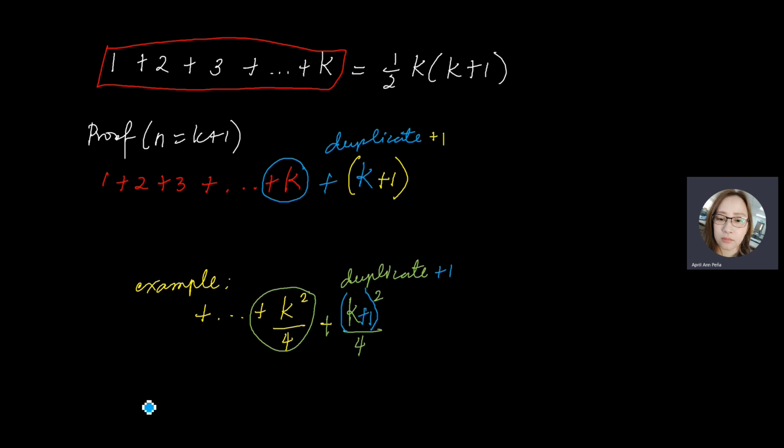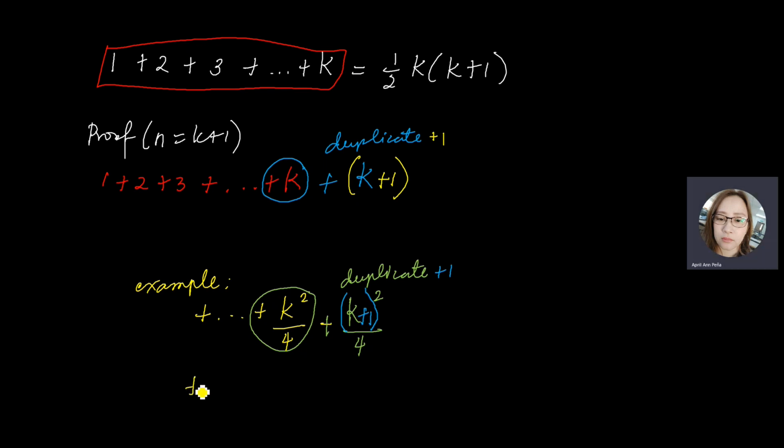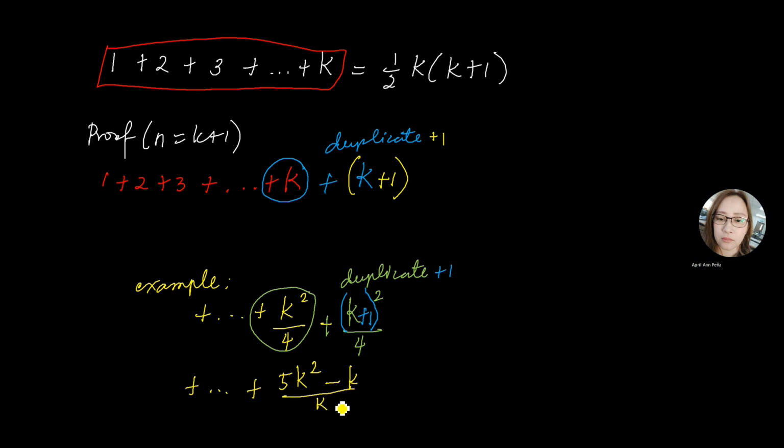So what if, for example, another one? Say we do have 5k squared minus k over k plus 2.